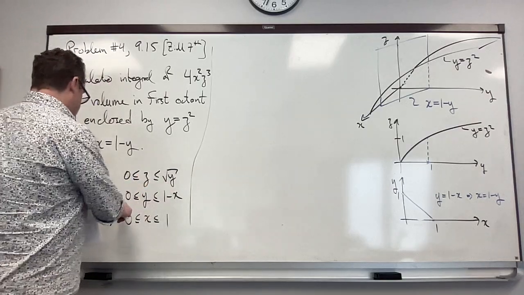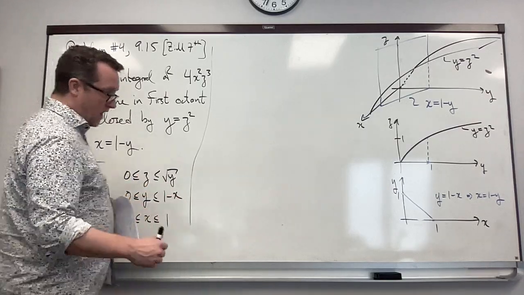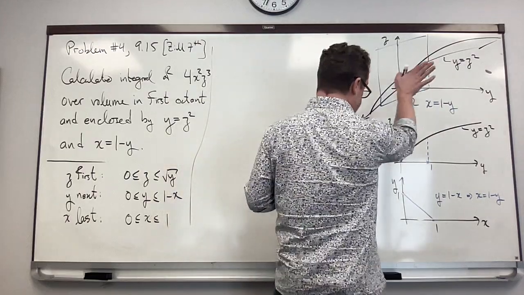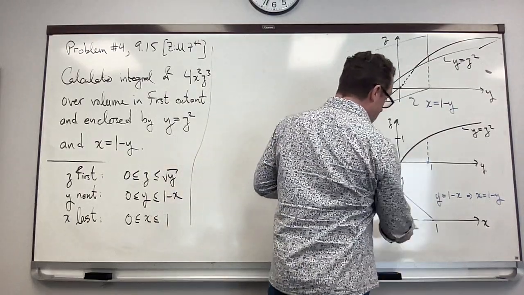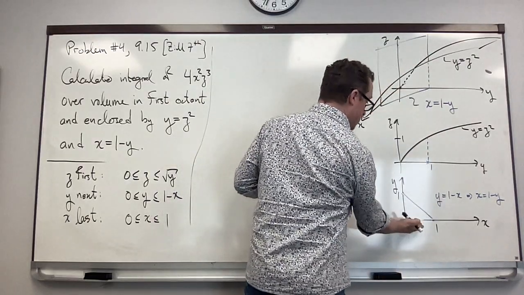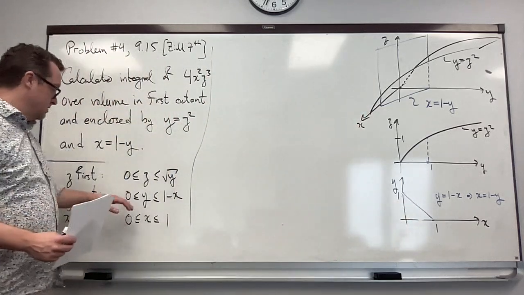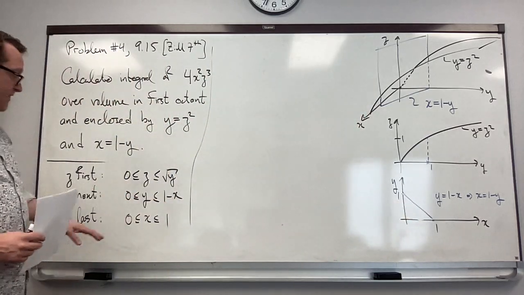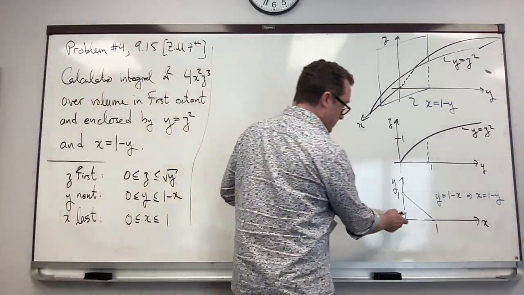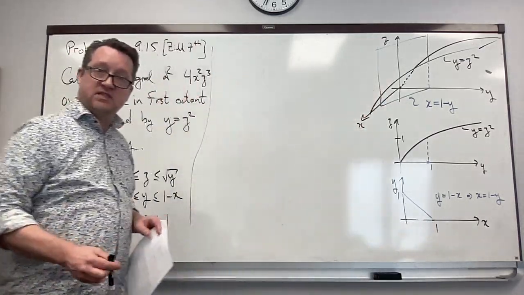Then we'll do y next. What does y vary from? Once we flatten this down in the xy plane, y goes from 0 up to 1 minus x. And then finally, x varies from 0 to 1. So those are the limits of integration.